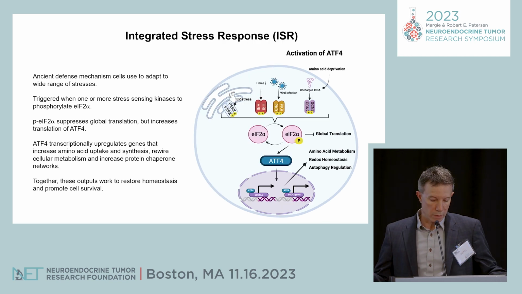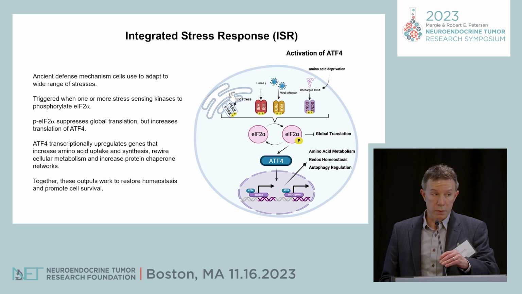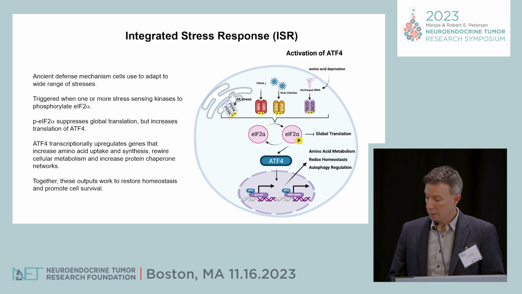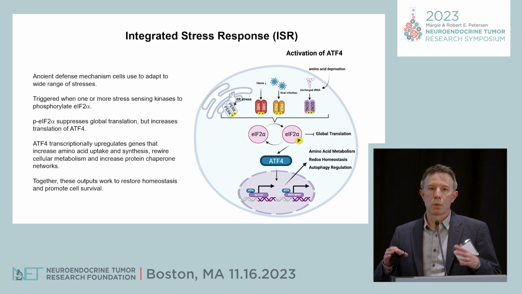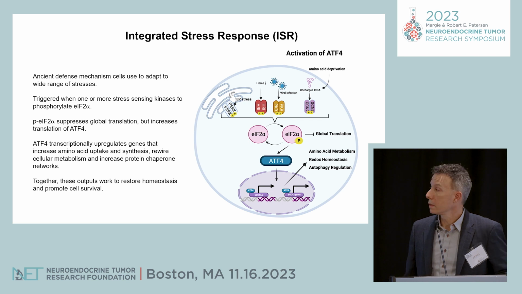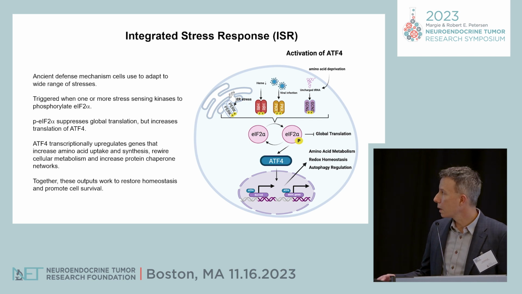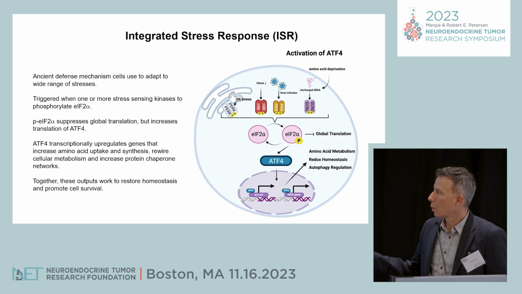So first I want to talk a little bit about the integrated stress response, because this is going to be relevant here in a minute. This is an ancient defense mechanism that cells use to adapt to a wide range of different stresses. It is triggered when one or more stress-sensing kinases like PERK, GCN2 detect damage, and then they phosphorylate EIF2 alpha.